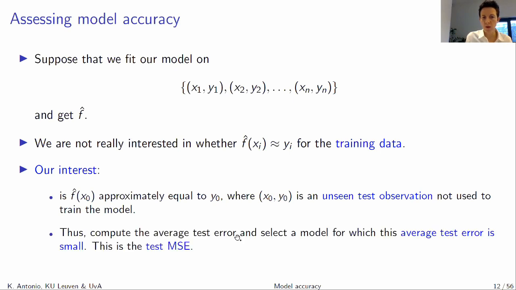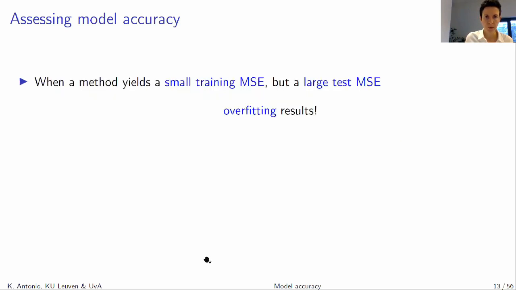So we compute the average test error, or the loss function evaluated over the test data, and we want to select a model for which this test error is small. We're going to look at the test mean squared error, or the test loss function that we prefer, and we're going to compare different model settings and different models based on their performance on this test set, right?